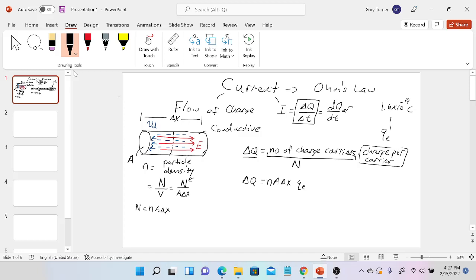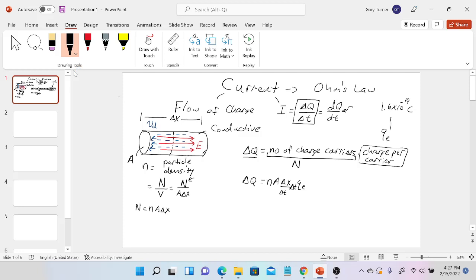And I can take this one step further, and I can say, well, what if I look at this over a given time interval and divide delta x by delta t and then multiply all of this by delta t, right?